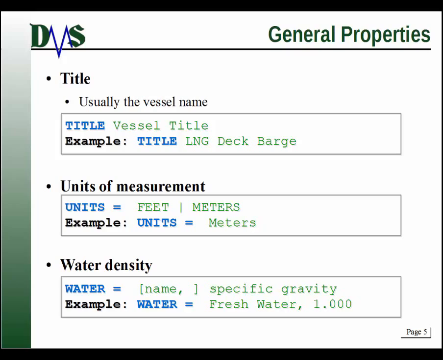We also have units of measurement. So that's also very useful to specify the units of measurement for the barge, or for whatever vessel you're typing in. That's a great thing to put at the beginning of your part maker files, so that all the other numbers that you type in as you're going down and defining them in part maker, that they're all in the units that you think they are in, because you've told GHS at the beginning that the units are either going to be feet or meters.